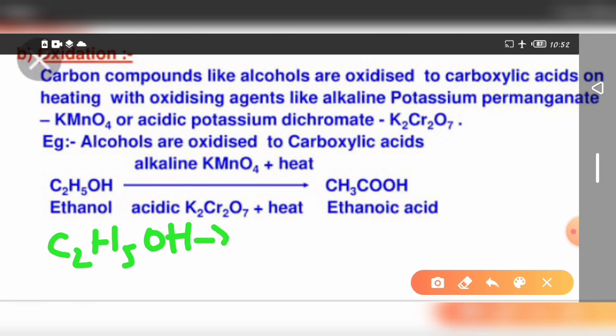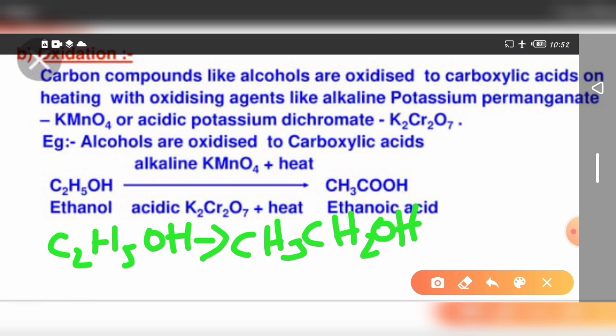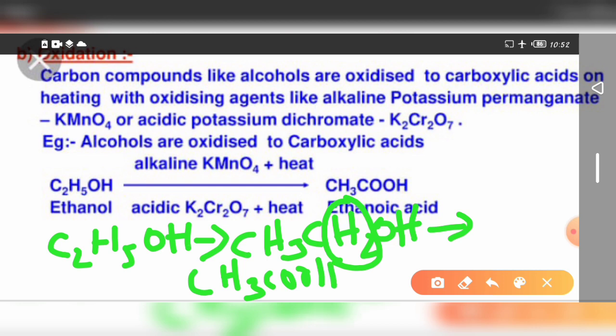So this molecule, first written as CH3CH2OH, whenever it is oxidized, the H2 molecule will be liberated, so it forms CH3COOH. One oxygen is added here. CH3COOH is ethanoic acid, and the hydrogen will be liberated. There is plenty of oxygen in this reaction, so the hydrogen combines with oxygen to form H2O.